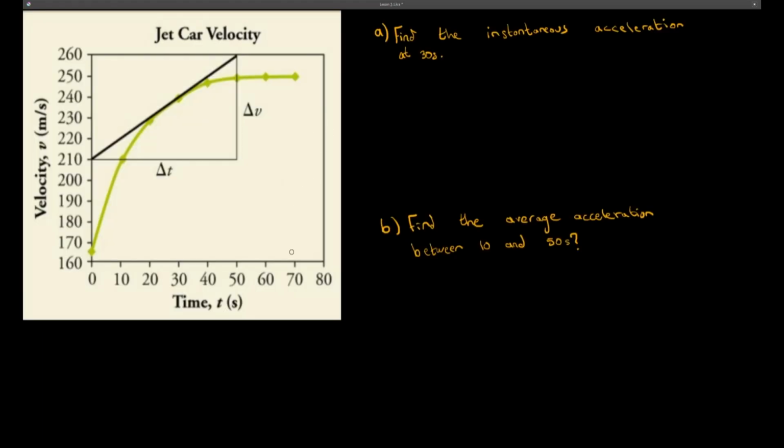So for this next question, we need to understand the difference between instantaneous velocity and the average velocity. So instantaneous velocity versus average velocity. So what is the difference? Well, instantaneous velocity is calculated using a tangent line.